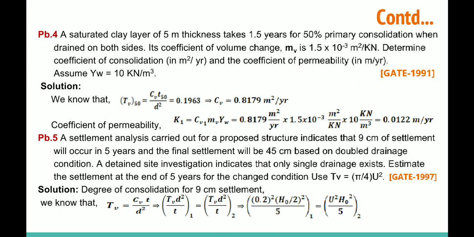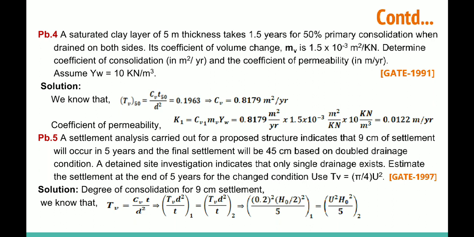So in this relation we can use this value. We can write Tv we got, 0.2 into 0.2 square in terms of U square. For the double drainage condition, we can put d is equal to H naught by 2. Time we have 5 years.